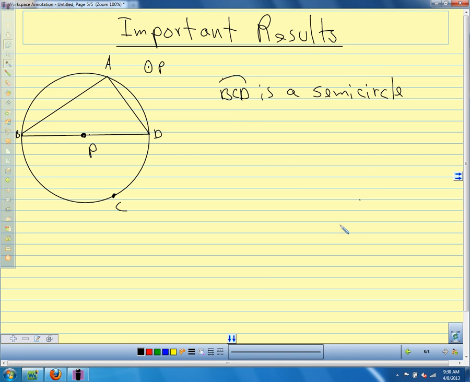How many degrees is a semicircle? 180. So the measure of arc BCD is 180 degrees. So if this arc is 180 degrees, what's going to be the measure of angle BAD, the inscribed angle that intercepts that arc?